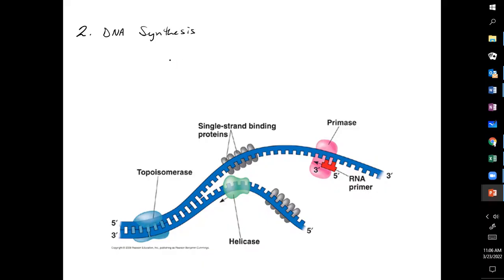What enzymes do it and who's involved? I'm gonna take a little sidebar and say a polymerase is a type of enzyme that synthesizes nucleic acid strands.